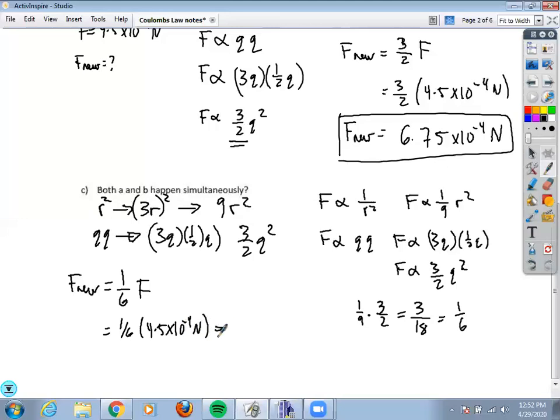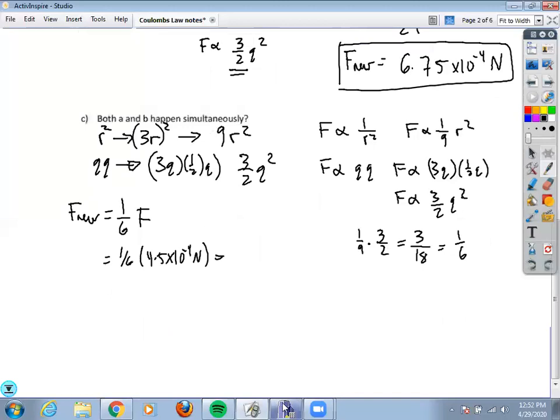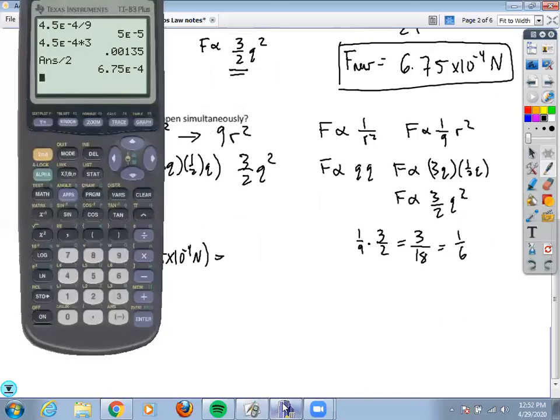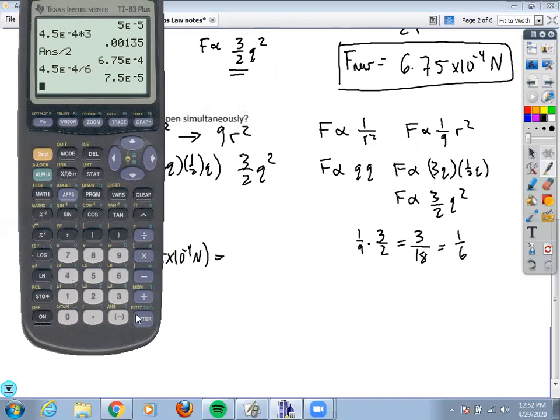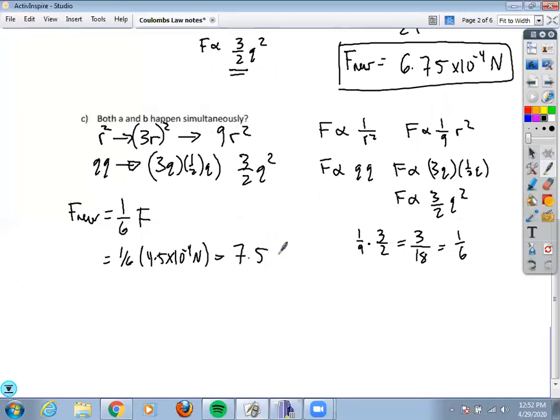And our new force is 4.5 times 10 to the minus 4 divided by 6. And you get 7.5 times 10 to the minus 5 newtons. Again, this is just proportions, so don't stress too much. This is just proportions of the values.